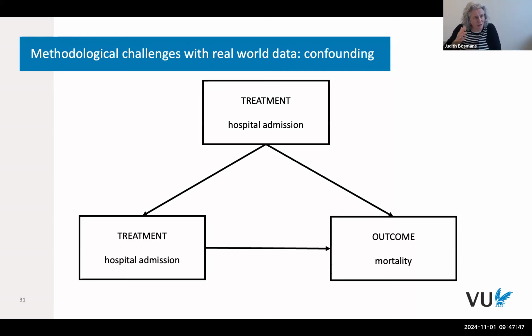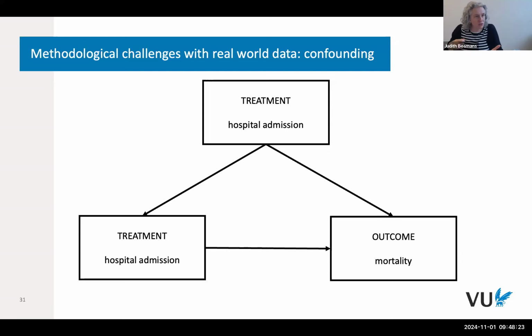So probably there's some confounding factor. Oh, I'm sorry, I made slides yesterday. This should be confounding and underlying health conditions. There is a reason, of course, why people are admitted to the hospital. They have an underlying health condition that made it necessary for them to be admitted to the hospital. And because they have that underlying health condition, they are probably also more likely to die than their more healthy counterparts in the population.